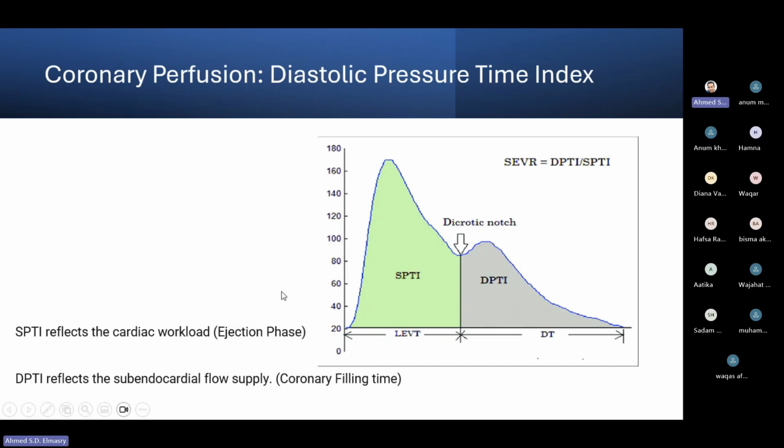As we see here, this is the arterial waveform, and this is the dicrotic notch, and this is the area under the systolic curve, which is called the systolic pressure time index, a surrogate of the stroke volume. After the dicrotic notch, you will find this area under the curve, which is the diastolic pressure time index, which is a surrogate of the coronary filling and coronary perfusion.